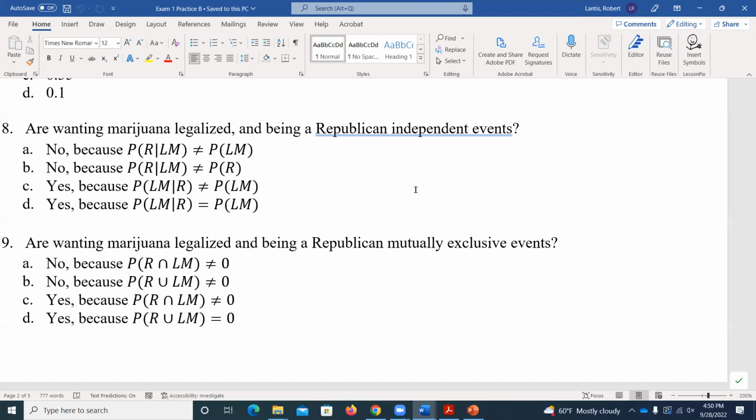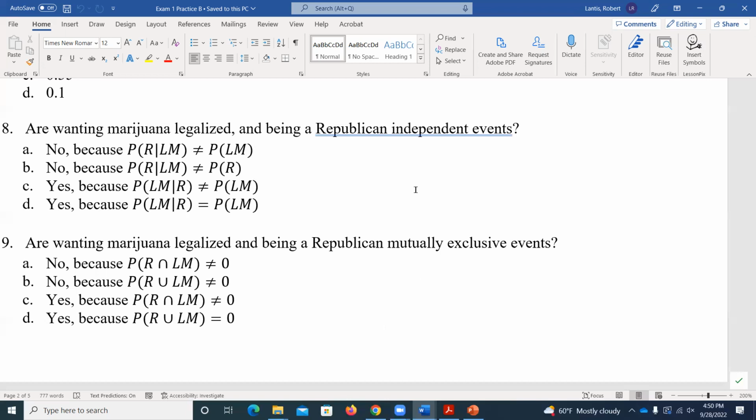Now I used what we had already done to show that even if you were to write it out this way and solve for independence, this tells you wanting marijuana legalized and being Republican are not independent events. They depend on each other, or the probabilities at least depend on each other.